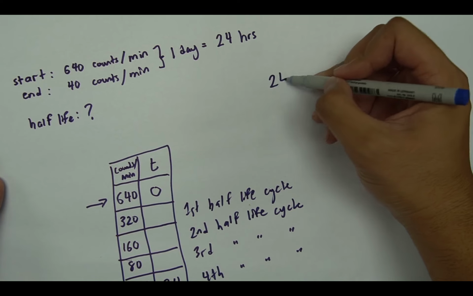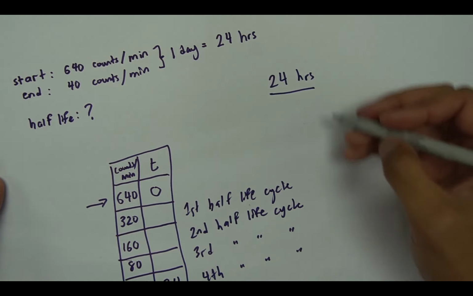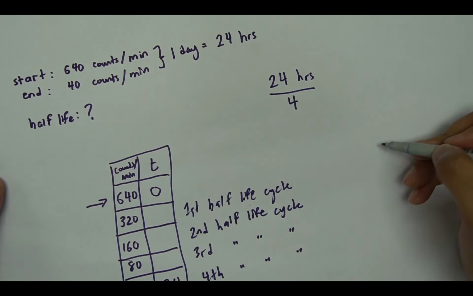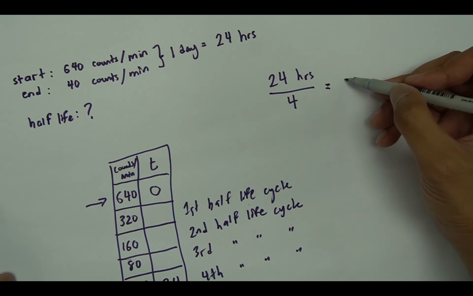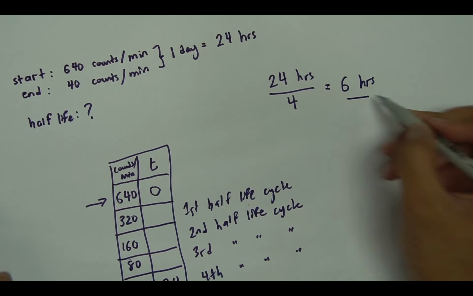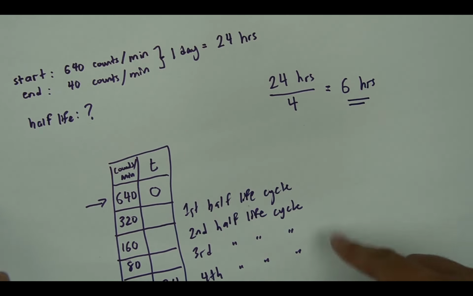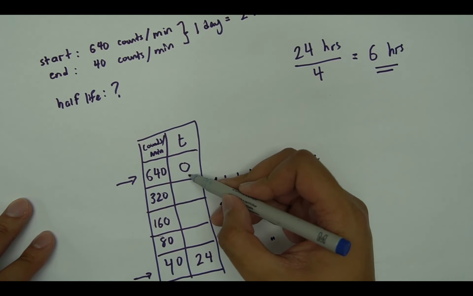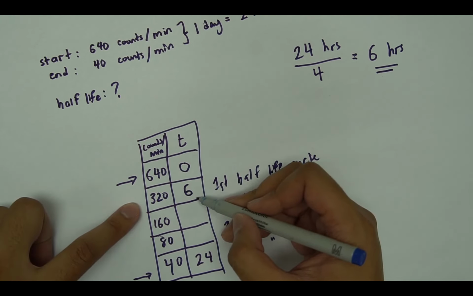So in 24 hours, it has halved 4 times. So that means 24 divided by 4. That is 6 hours. Right? So in other words, this is the answer. Every 6 hours, it becomes half. In other words, if we look at the table here, so 0, then after 6 hours, it becomes 320.